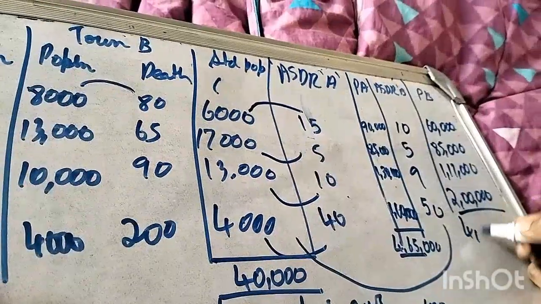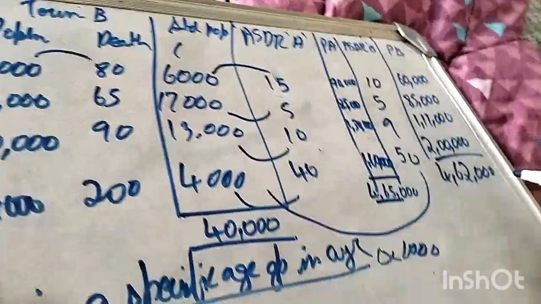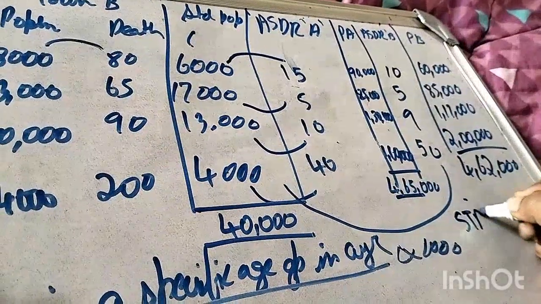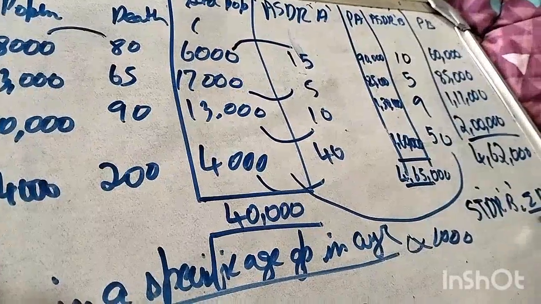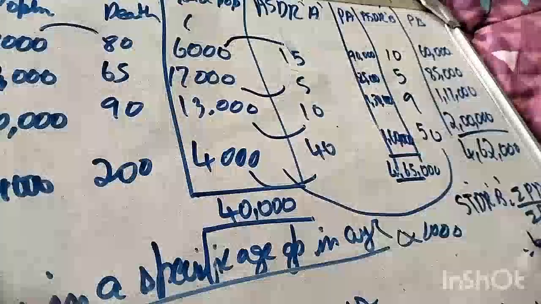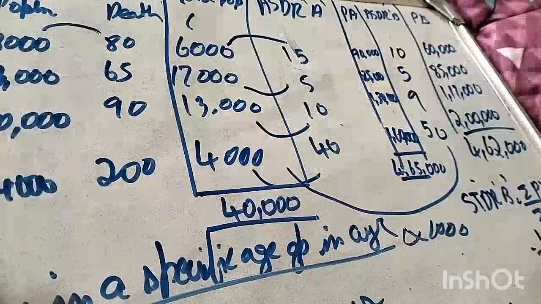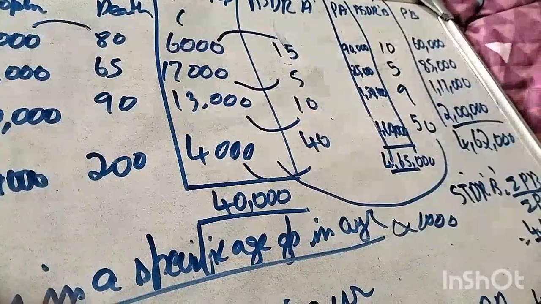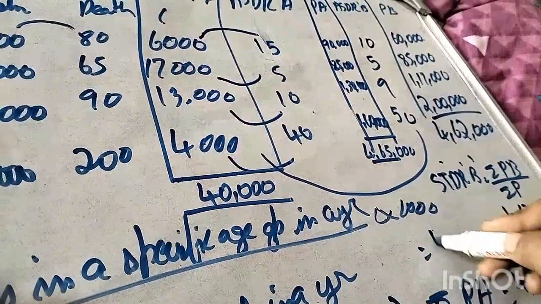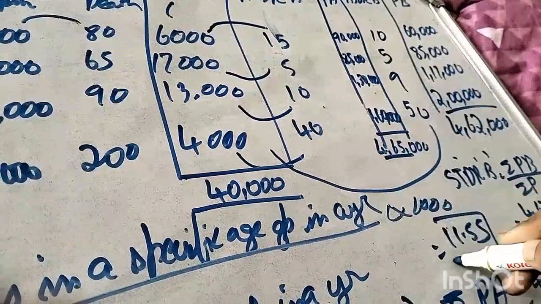Total is 4,62,000. So STDR of B is summation PB by summation P. PB is 4,62,000 divided by the total of standard population, 40,000, which is equal to 11.55.